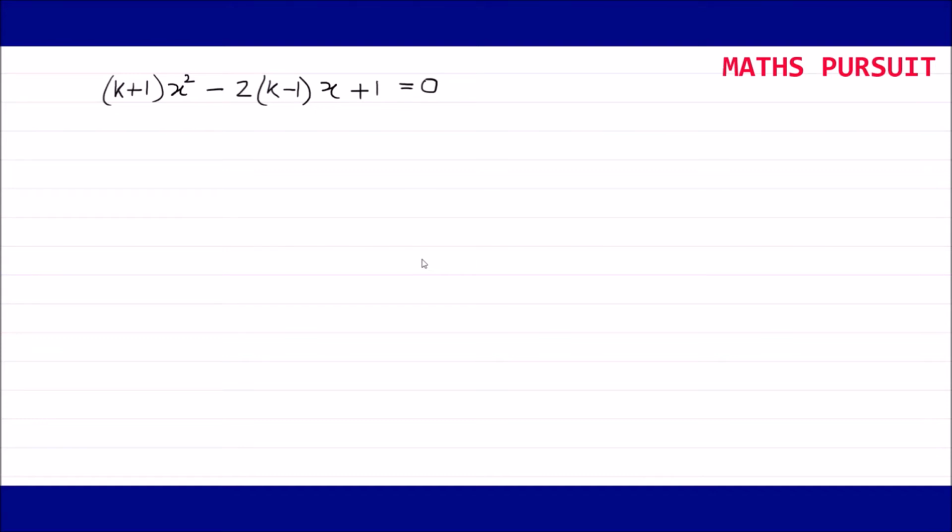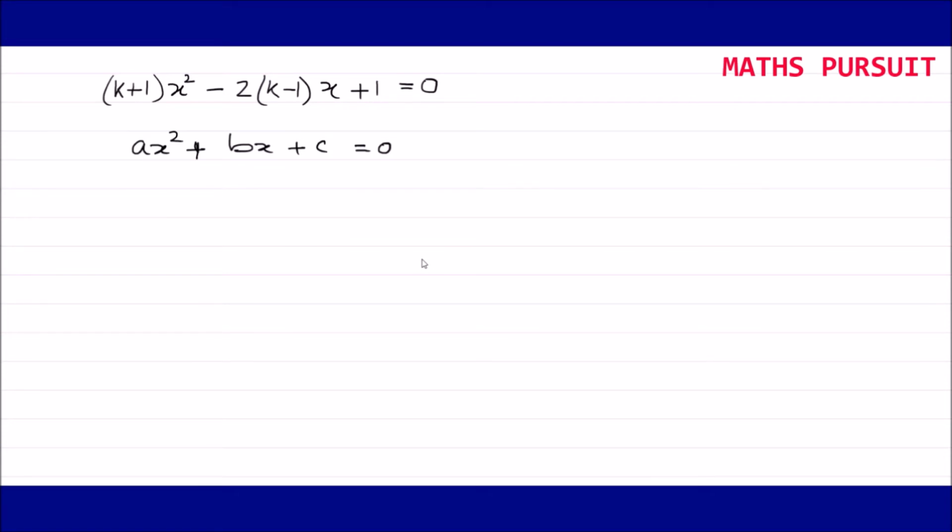So guys, if we recall, our quadratic equation is always of the format ax^2 + bx + c = 0. Now guys, let us try to compare this equation with the given equation. Let us compare ax^2 + bx + c = 0 with (k + 1) x^2 - 2(k - 1) x + 1 = 0.